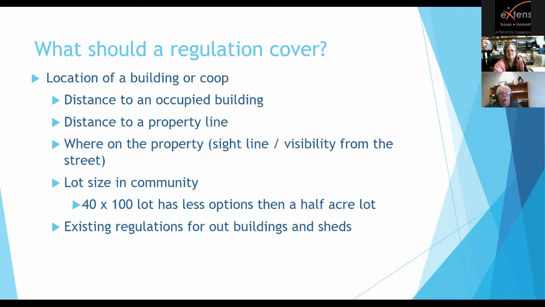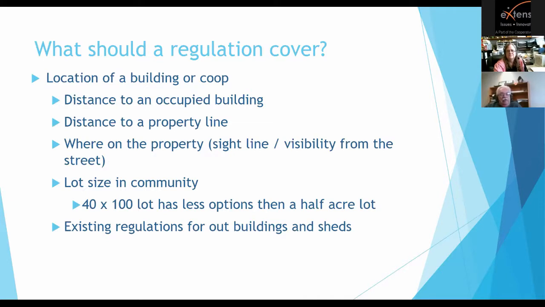Because in some of our communities here in Lexington, we have places where they have a 40 by 100 lot. So there are fewer options for them to place a building or a coop than there is for someone that has a half-acre lot or a 5-acre lot. So those are things to take into consideration, the lot size as well.